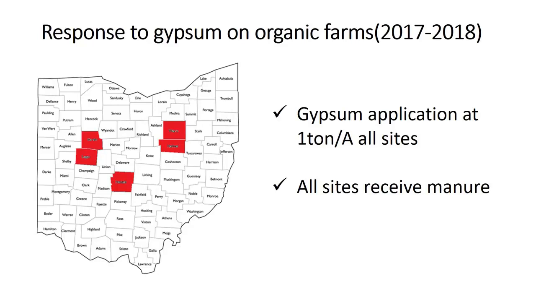The map just highlights the counties where we had trials: Wayne, Holmes, Hardin, and Logan County, and we had an on-station site in Franklin County in Columbus.